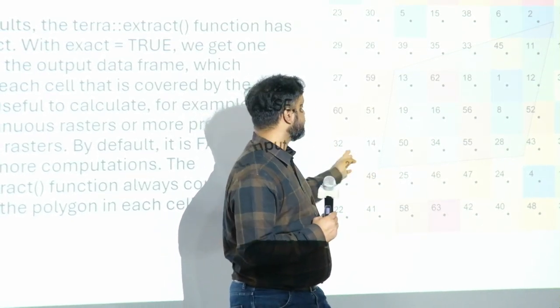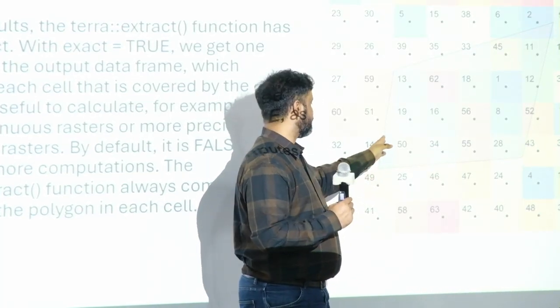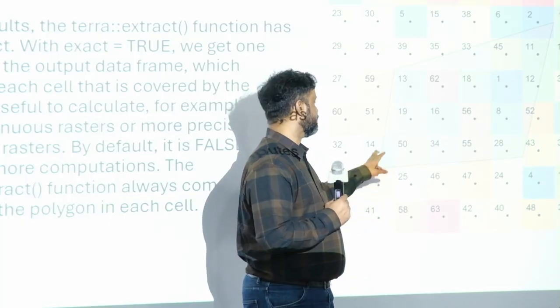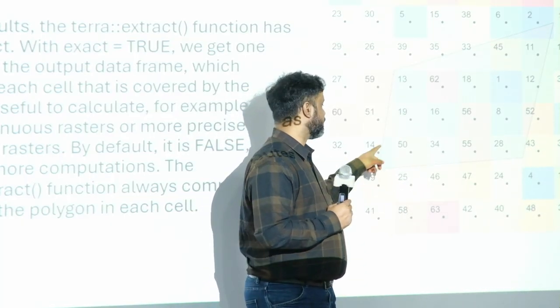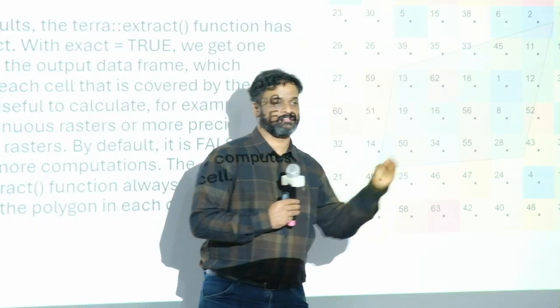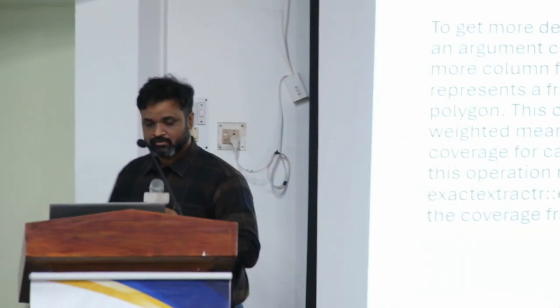So in that case, you want to get an exact level and calculate only how much of that pixel was within that polygon. You don't want to get the whole value. You want the fractional value of whatever was covered by your polygon. So that's basically the exact extraction. Is it clear?